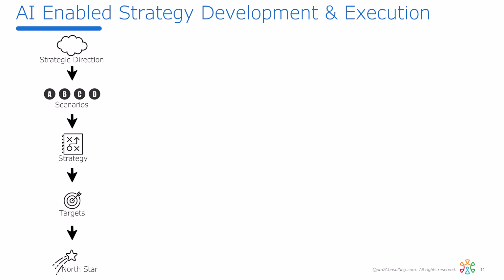So now we've got that North Star developed, and it's been largely developed by GPT, but we're using OKRs as the structure in which we're capturing each node of knowledge. So we're now going to take that, and we should be able to say to GPT, now give us the organizational cascade. Now that you understand the North Star, break down by department what they need to do to achieve those objectives.